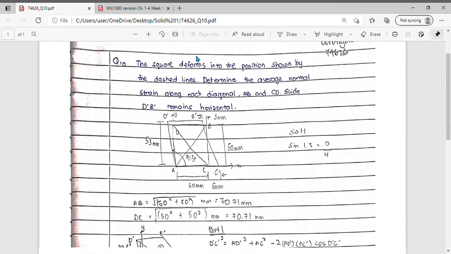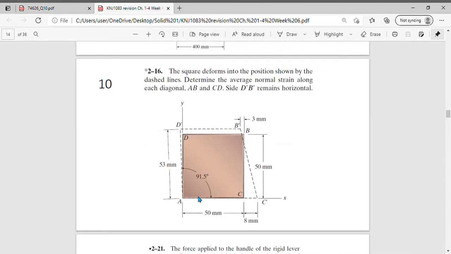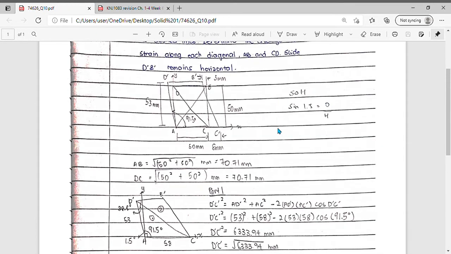After the deformation, we use the increase in angle of 1.5 degrees, where sine of the angle equals the opposite line, which is D prime, over the hypotenuse, which is the 53 millimeter here. We already have the angle and the hypotenuse, so we move the hypotenuse up to find the opposite line.